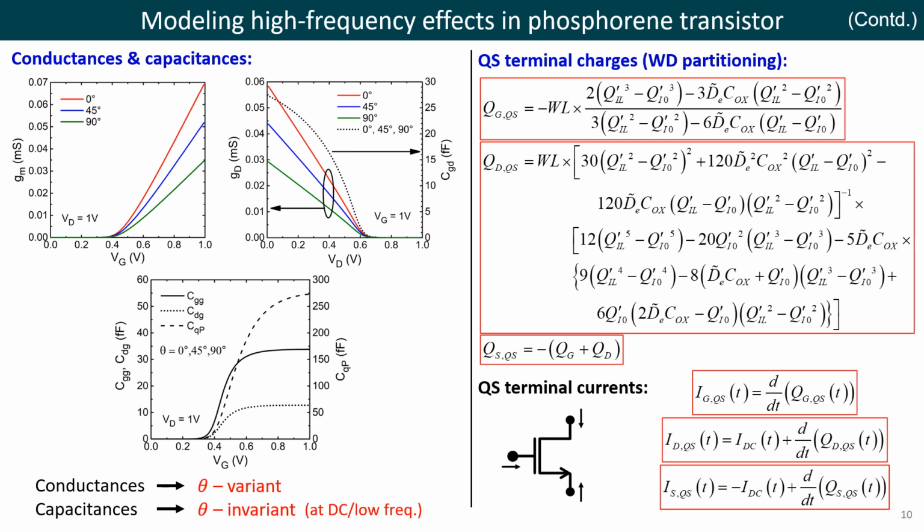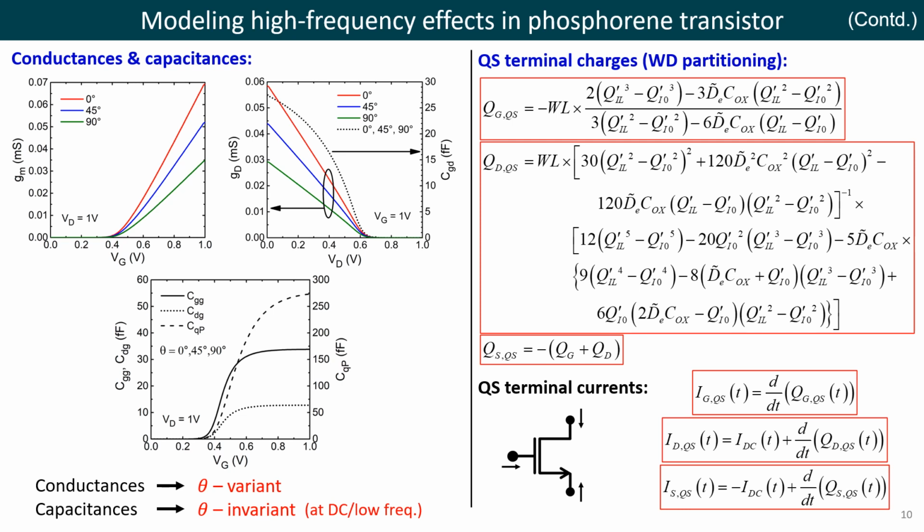Now, having obtained the expression of the drain current, that equation can be generalized for any arbitrary point x inside the channel using the principle of current continuity. Thereafter, using the Ward-Dutton charge partitioning scheme, we can formulate the expressions of the terminal charges Qg, Qd and Qs as noted here.